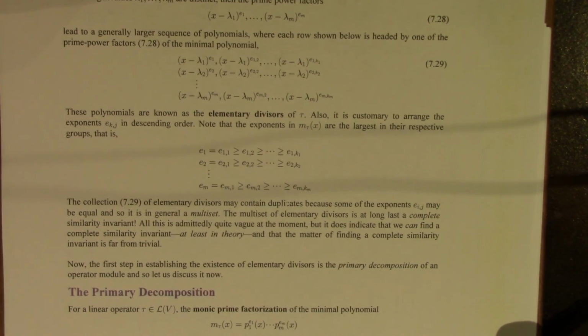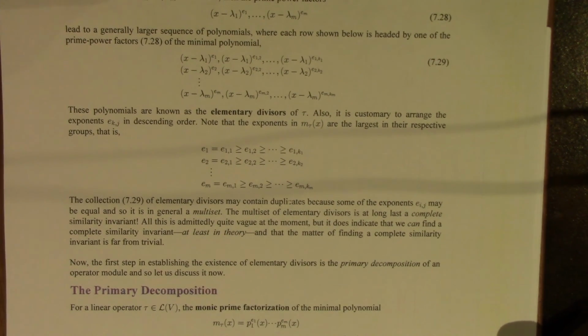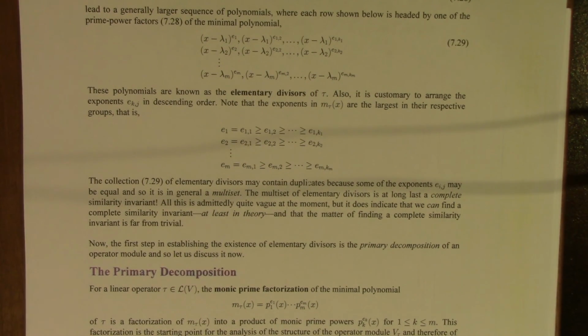So this is a theoretical discussion. It also shows us clearly that we probably didn't miss anything in looking for a complete similarity invariant. They're not very easy to find. So that's just a look ahead.